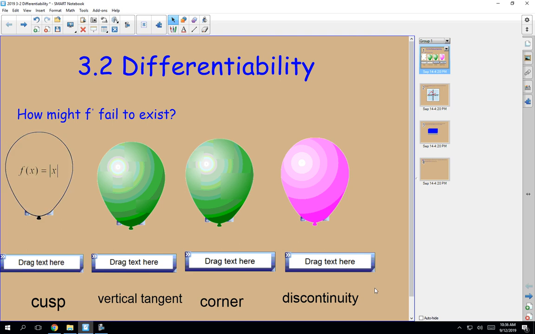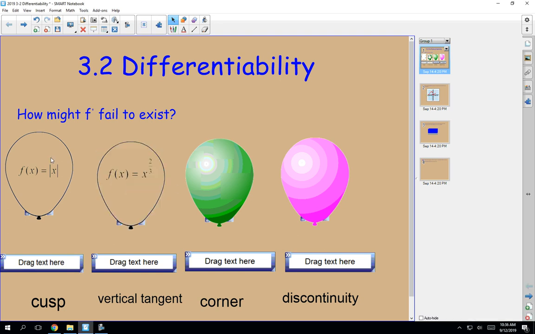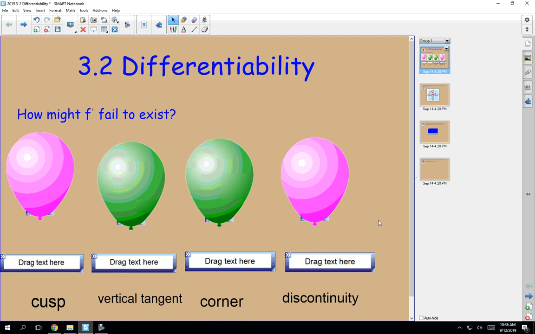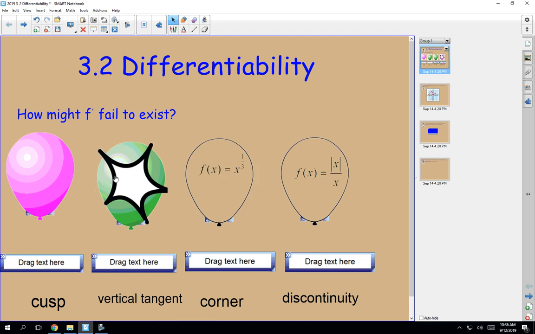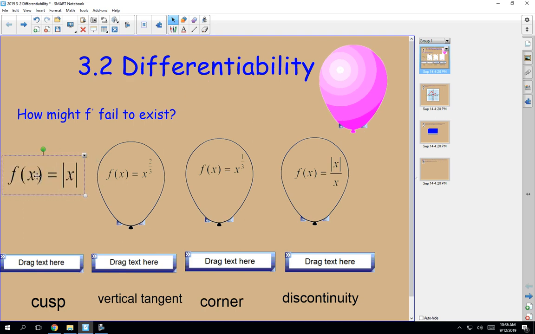It's not very loud. Yeah, let's do this. We should be able to switch speakers, headphones. There we go. A little better. I don't know why I have the balloons on here.